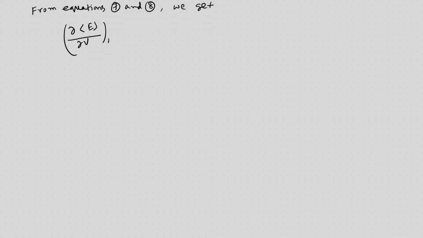So, from equations 7 and 8, we get del E by del V at constant N and beta plus beta times del P average by del beta is minus P average. So, this is our equation 9.